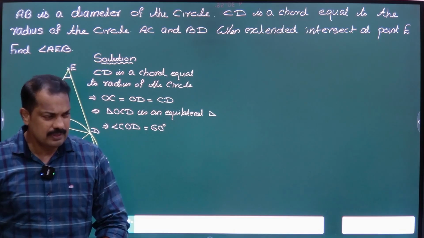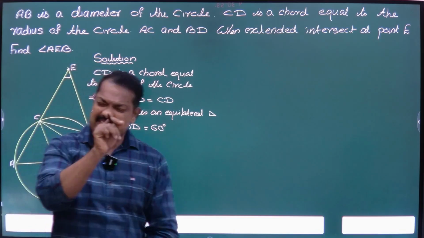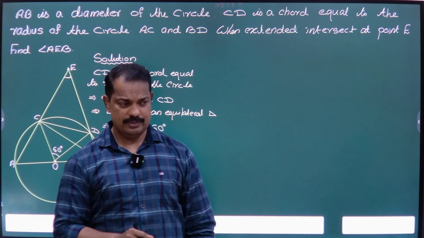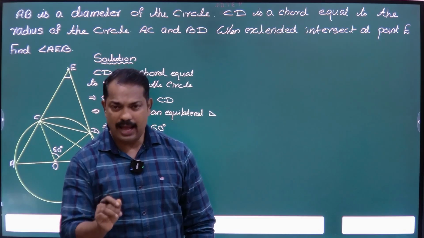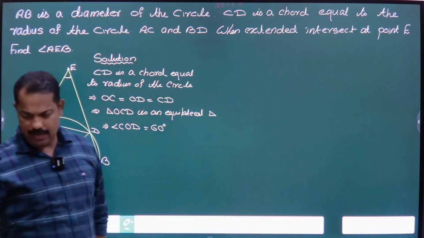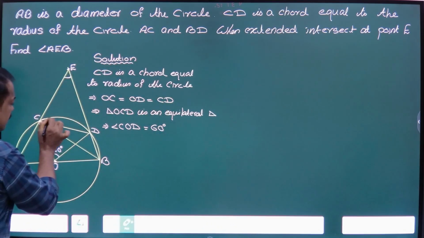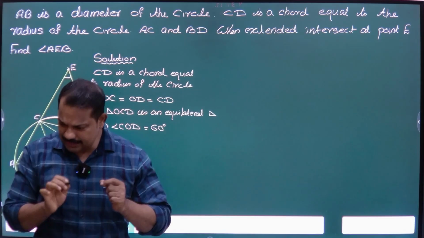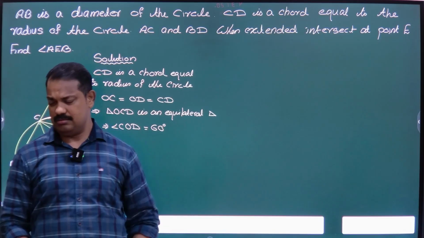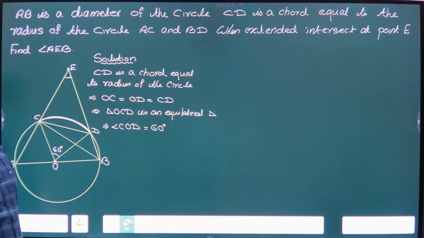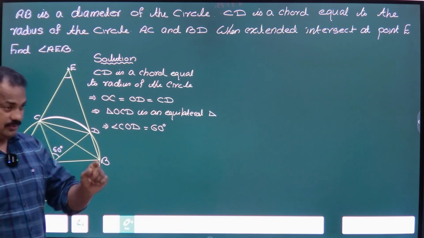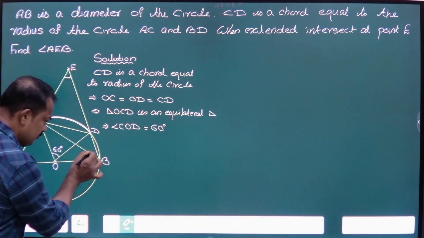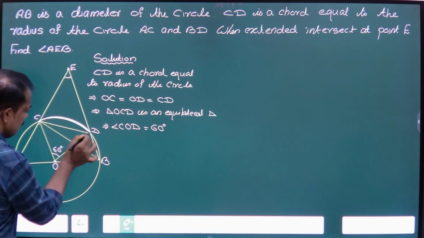Now with the same arc CD, name another angle. Yes, very good. Angle CBD. Which angle? This angle. इसका भी आर्क कौन सा है देखो, सेम आर्क.